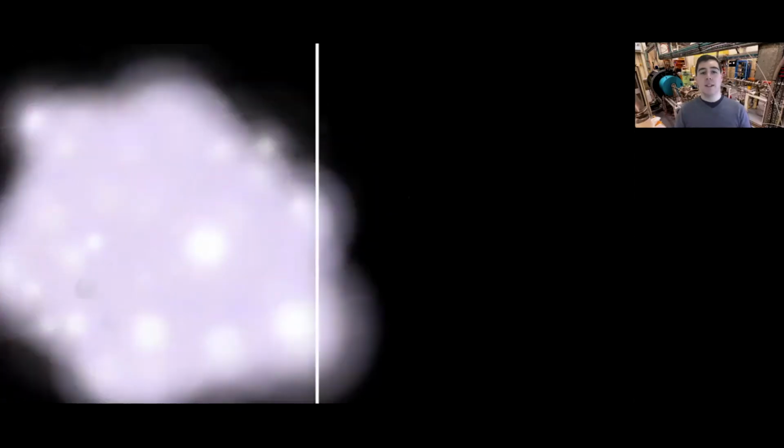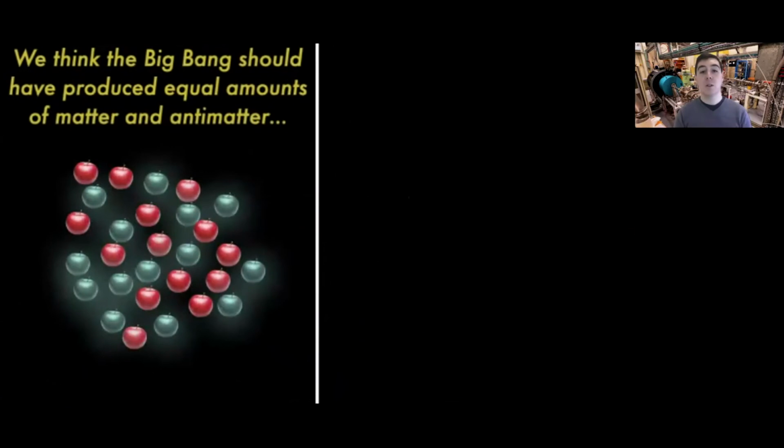So all of the physics we understand today tells us that the Big Bang at the beginning of the universe should have created an equal amount of matter and antimatter, opposites equally balanced. However, when we look into space at our universe, we barely see any antimatter at all.